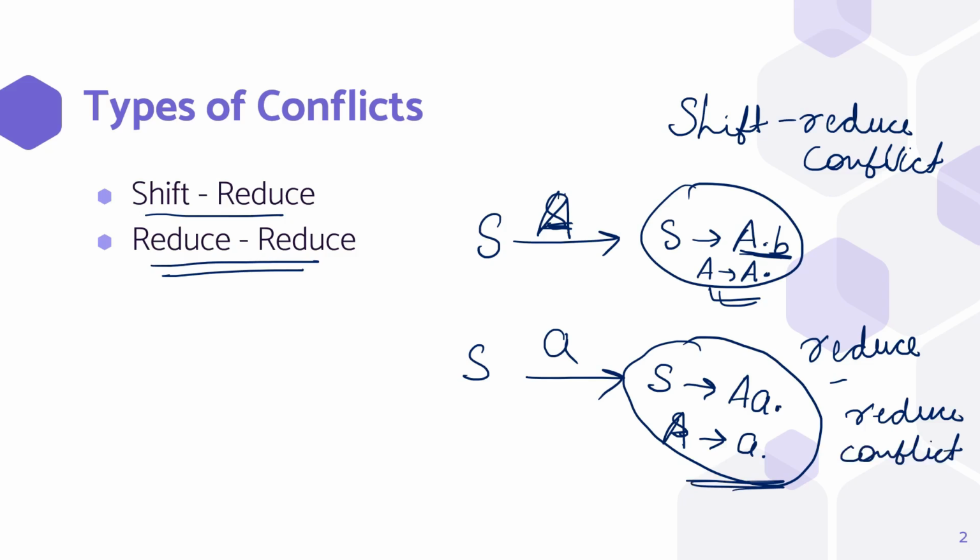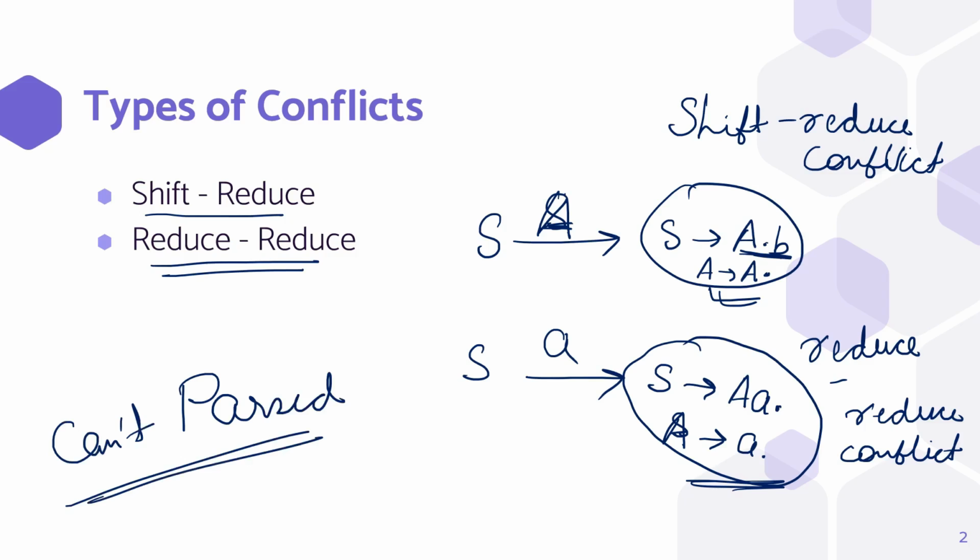Whenever there is a reduce-reduce conflict or shift-reduce conflict, we can say that that particular grammar can't be parsed by our parser, and we have to use some other parser in order to parse that particular grammar.